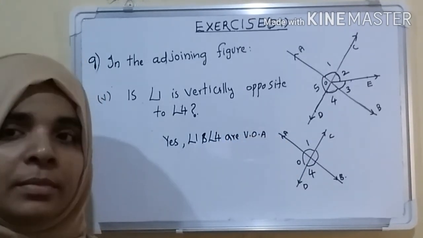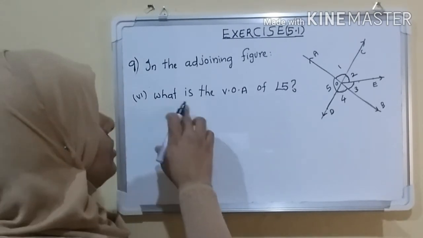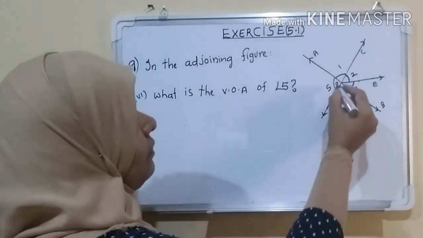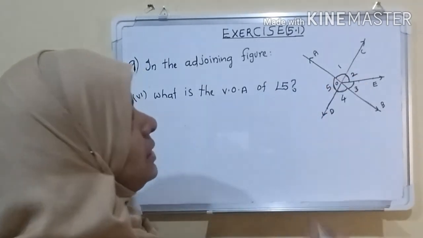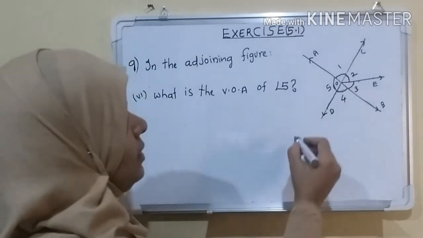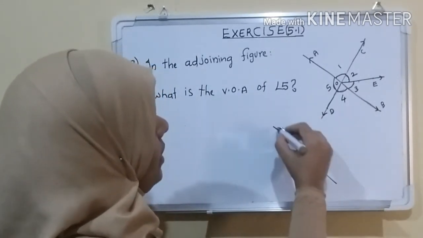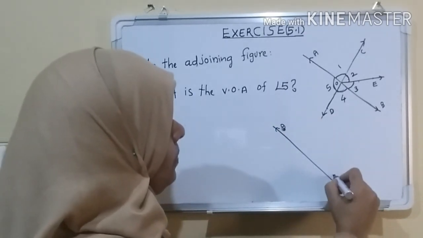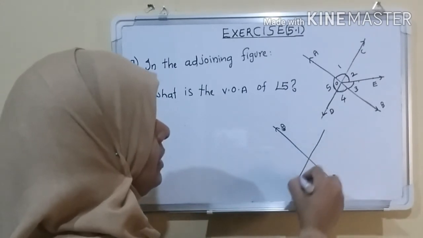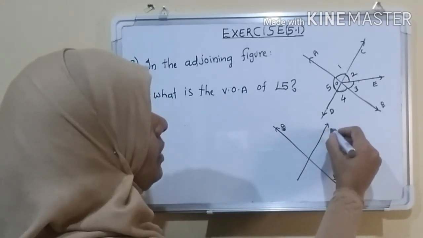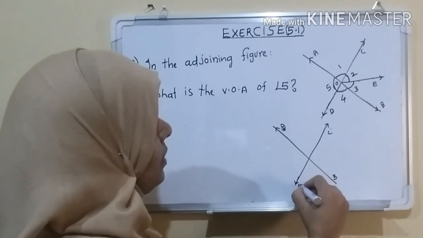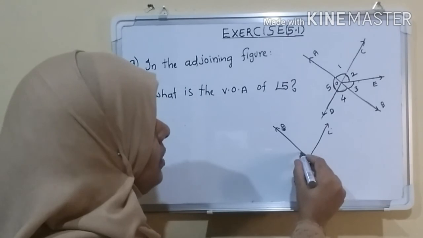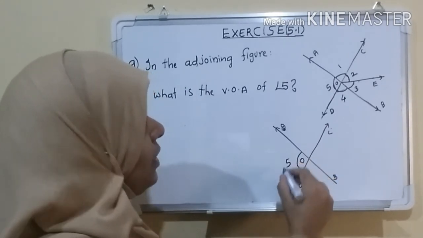Right. What is the sixth question? What is the vertically opposite angle of angle 5? Here we have to find the vertically opposite angle of angle 5. Okay. Here we know that the line AB and the line CD intersect at a point O. Then here one angle is angle 5.